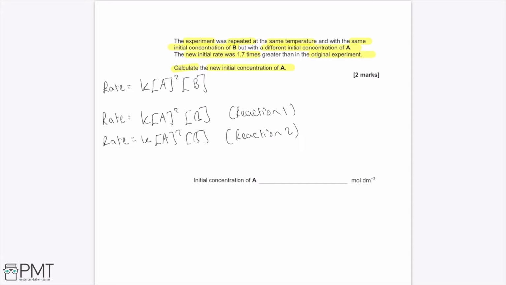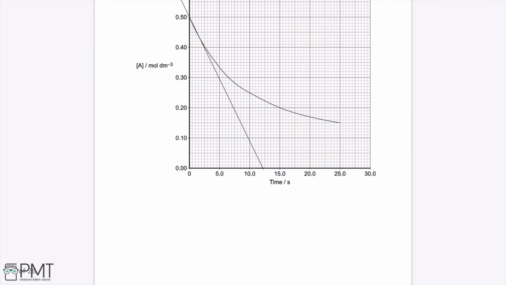And using the graph above, we know that the initial concentration in reaction 1 was 0.5.